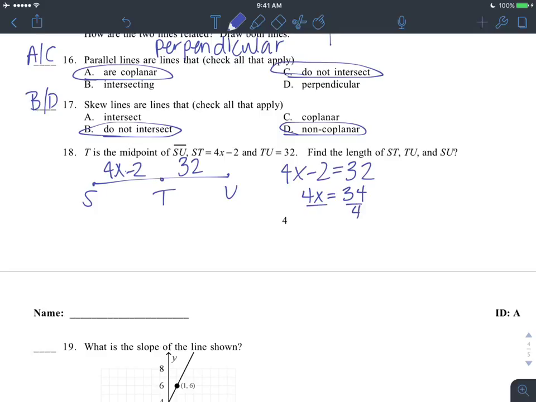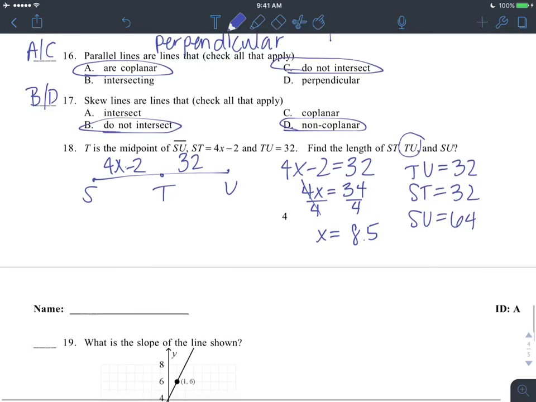Divide by 4. Not going to get a clean number here. x equals 34 divided by 4 is 8.5. So if we plug that in, we actually already know TU is 32. We're told that T is the midpoint, so that means that ST has to be 32 as well, and then the total length is going to be 64.